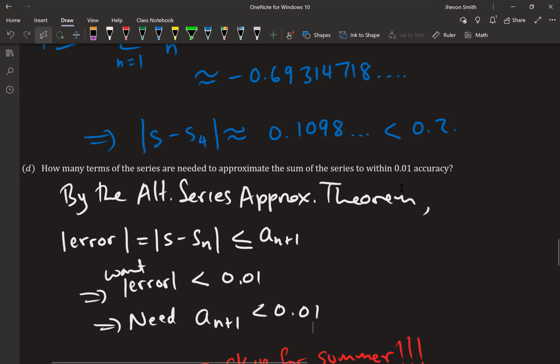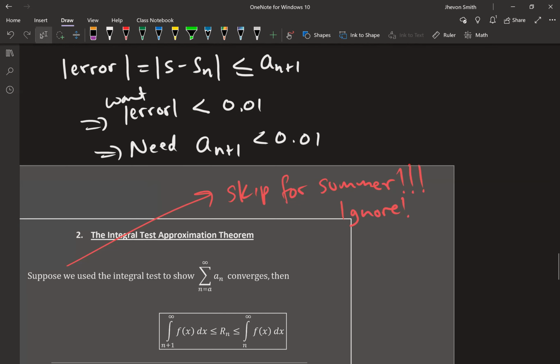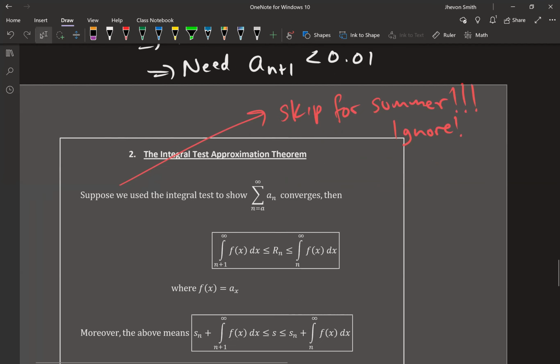If I can make sure that my n plus first term is less than that tolerance, we are golden. Let me move these guys.